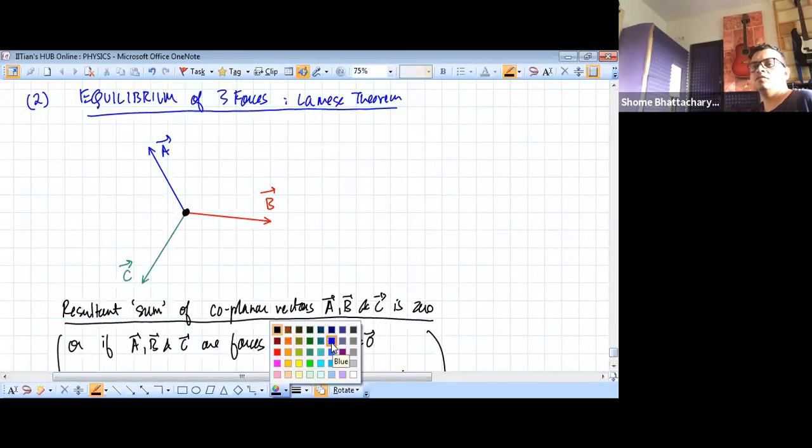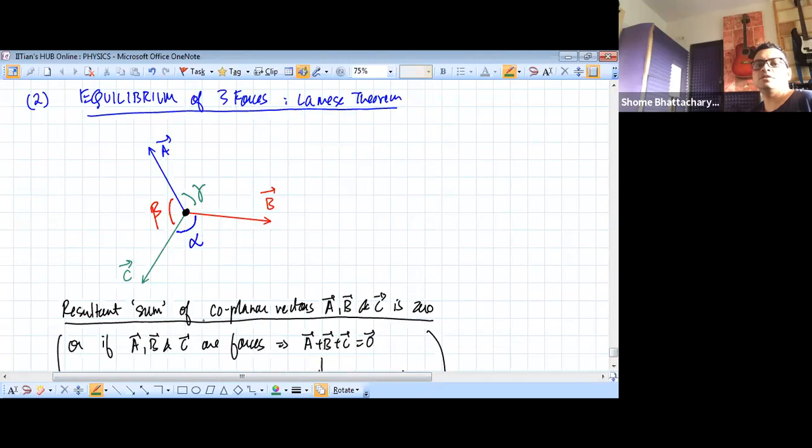Alpha will be the angle between B and C, opposite to E. Beta will be the angle between A and C, or opposite to B. And gamma will be the angle between A and B, or the angle opposite to C. This is like a triangle sine law, what in trigonometry is called the sine rule for the triangle.